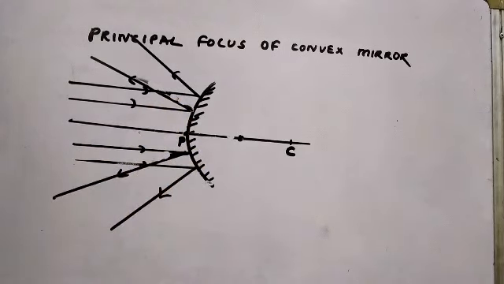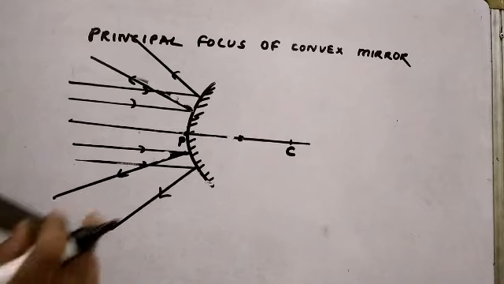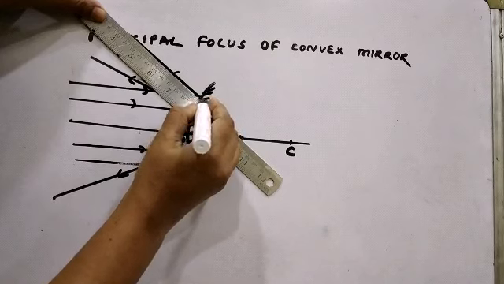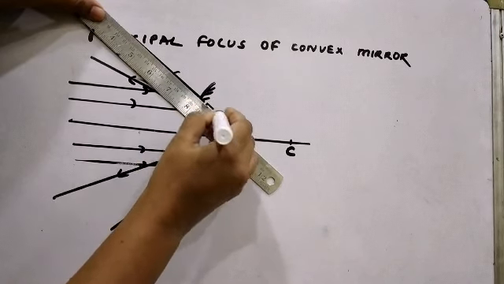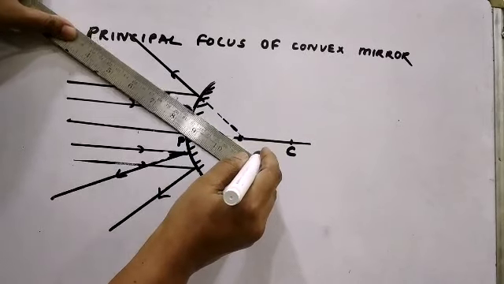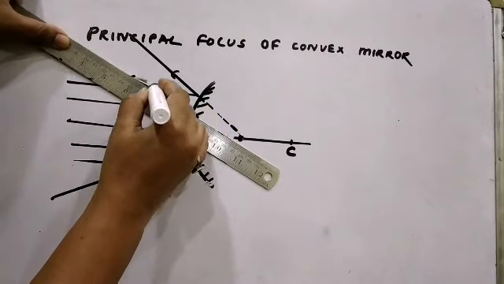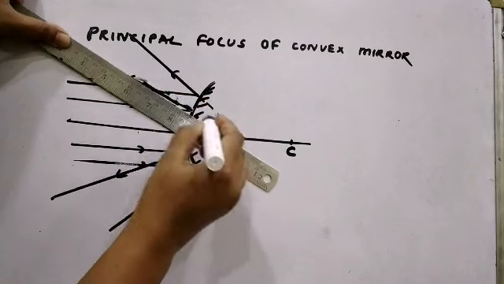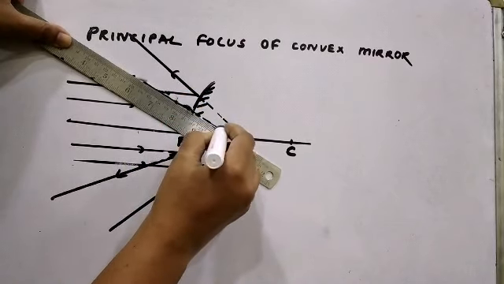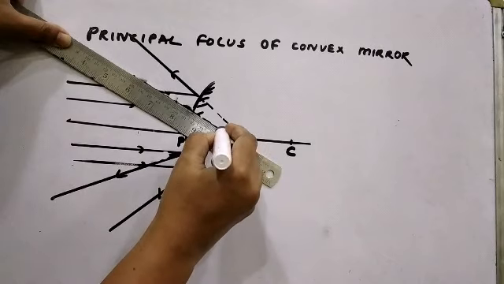But if we extend all these reflected rays behind the mirror, and whenever we show the extension of reflected rays we show it with dotted lines, here, this is the reflected ray. I am showing the extension of the reflected ray.